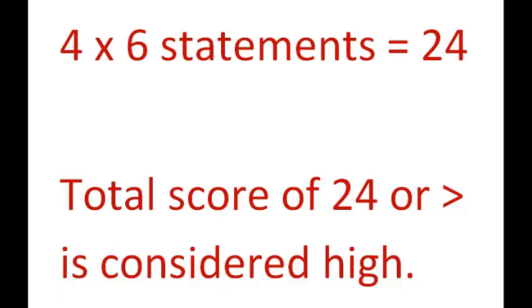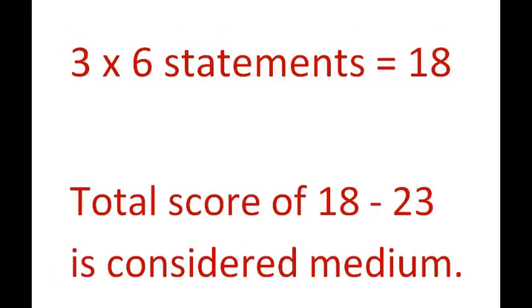In comparison to those who answer the majority of threes, if we multiply 3 times 6, that's a total score of 18. So those people whose total score ranges from 18 to 23, and the reason it's 23 is it's one less. Remember, our high group was 24.